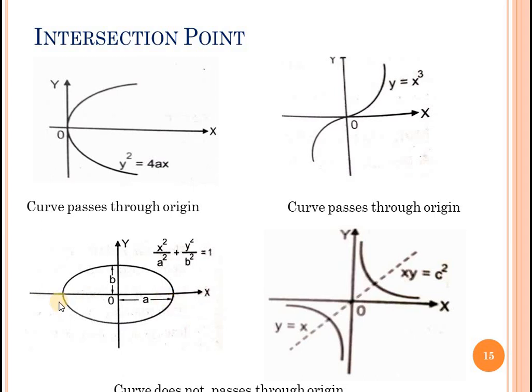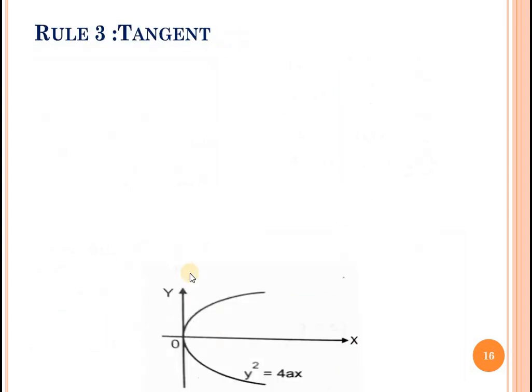First is a comma 0, second point is minus a comma 0. Another thing, when I put x is 0, I get y is plus minus b. So the curve intersects the y-axis at the points 0 comma b and 0 comma minus b. So this curve intersects the y-axis at 2 points and the x-axis at 2 points, and it does not pass through the origin.